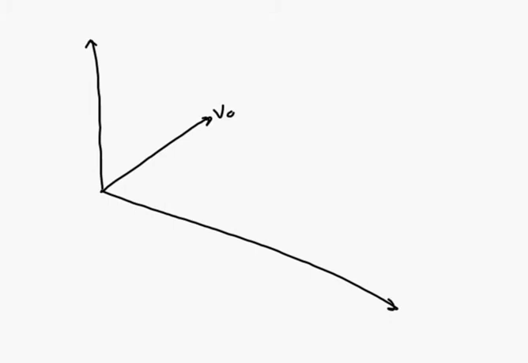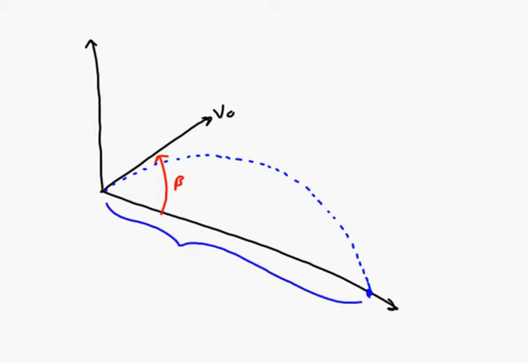And the question now is, if I throw at an angle of, say, beta above this slanted downhill direction, what should beta be, or what relationship should exist, so that we can maximize the distance before this ball makes contact down here? So now we want to maximize that distance.